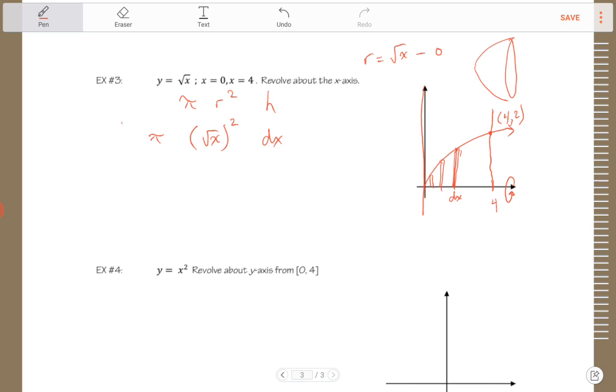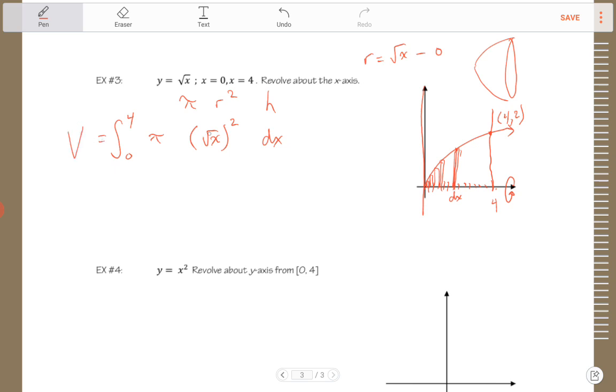Keep in mind, we want to add up all of our slices together, going from the smallest slice at 0 and getting larger and larger, all the way over here to 4. So our volume is equal to that equation there.